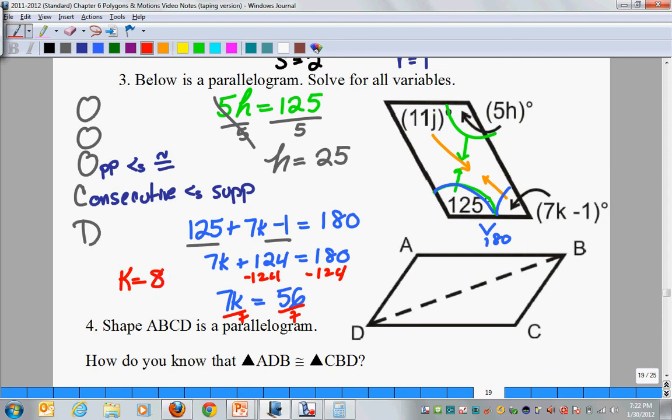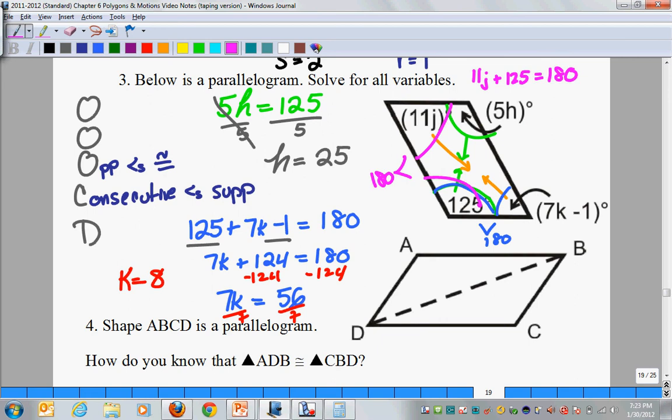So we have two variables now. And our last one, these add up to 180 as well. So we're going to come in the margin here. And I'm going to have 11j plus 125 equals 180.